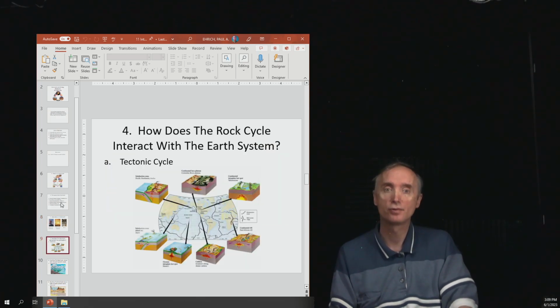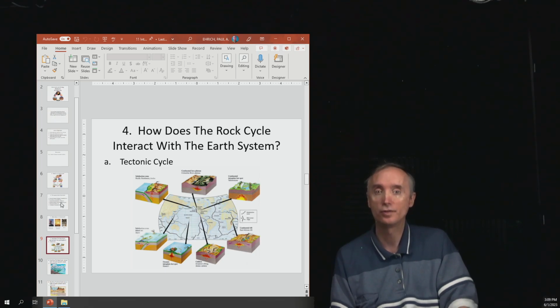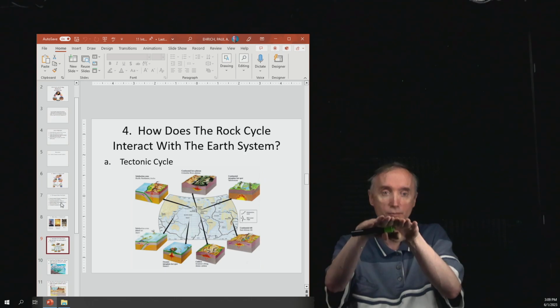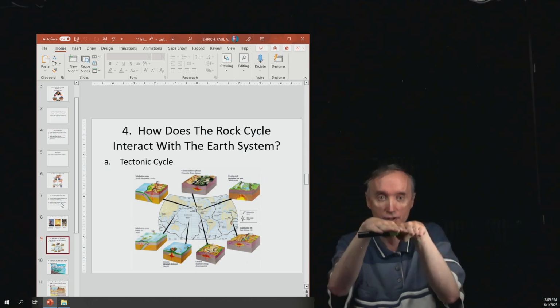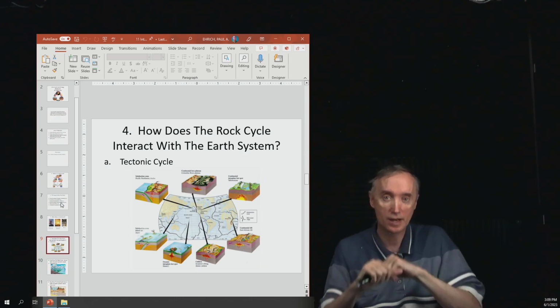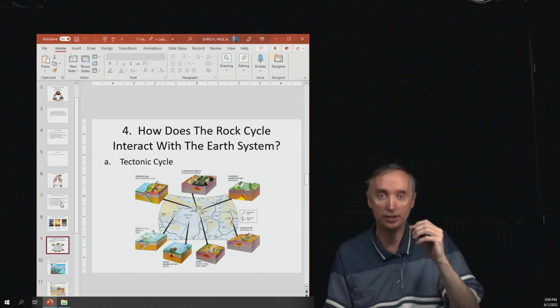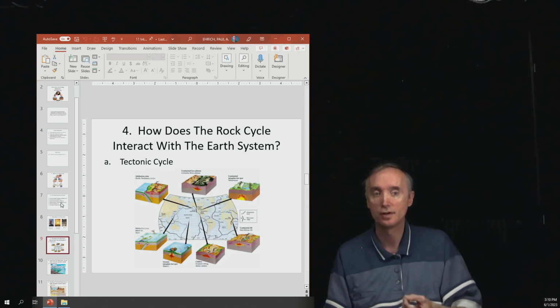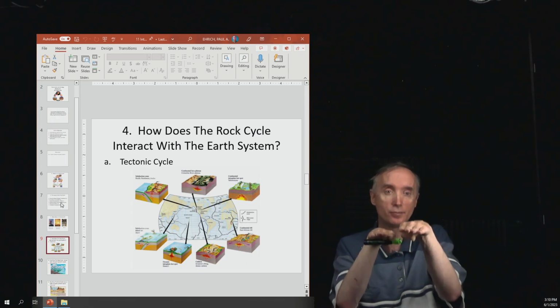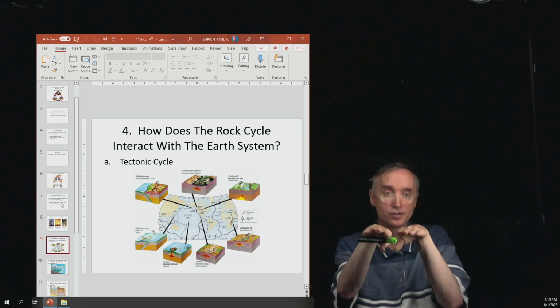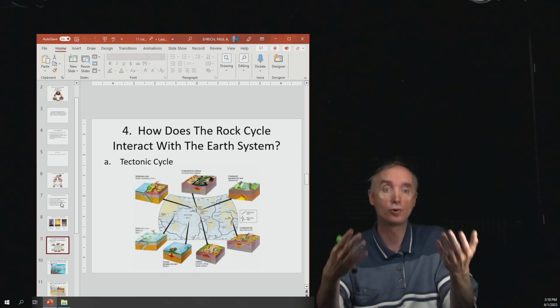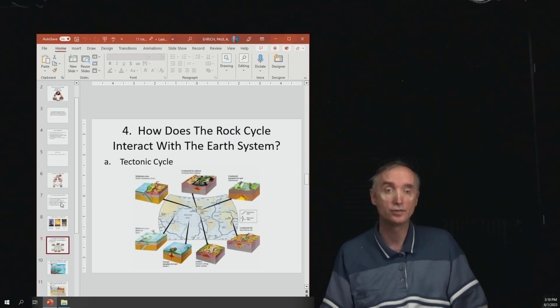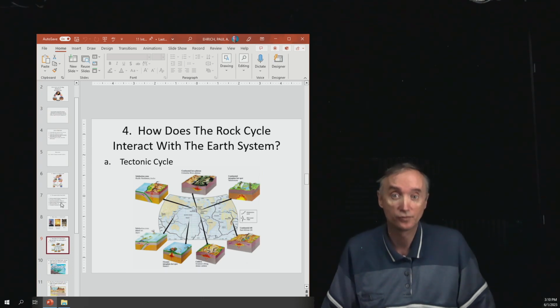So how does the rock cycle interact with the Earth system? We mentioned that plates can be pulled apart, plates can be pushed together, plates can slide past each other. And in each of these different settings, different kinds of rocks can form. Where plates are sliding past each other, that grinds the rocks against each other, that metamorphosizes them into fault breccia, for example.